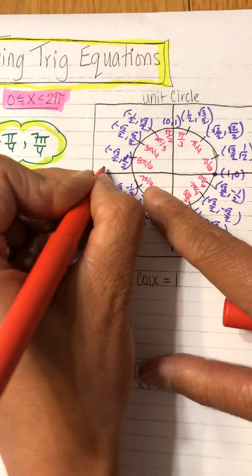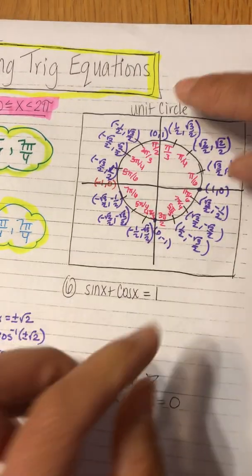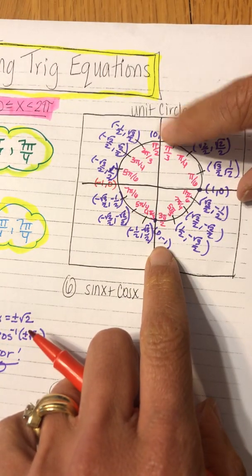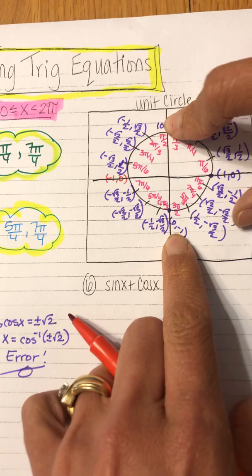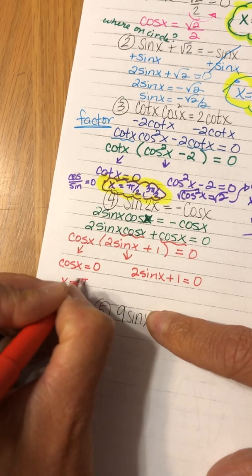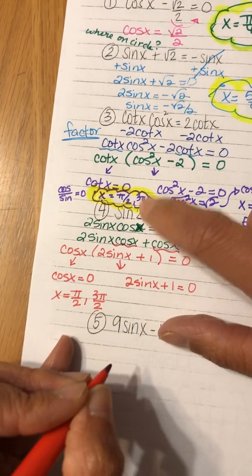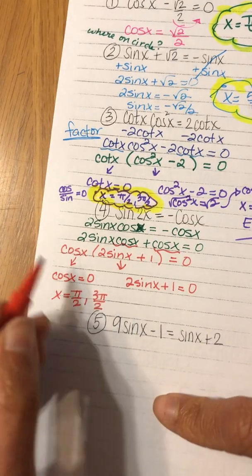Oh, I forgot to put the other one right here. This one should be -1, 0. The cosine is 0 at pi over 2 and at 3 pi over 2. Okay, so that's the answer to that one. So x equals pi over 2 and 3 pi over 2. And honestly, we should know that since that was the answer to the last problem. So there's that.